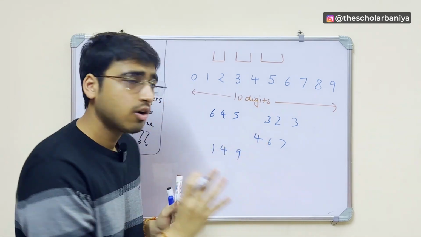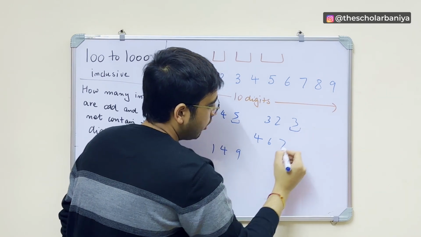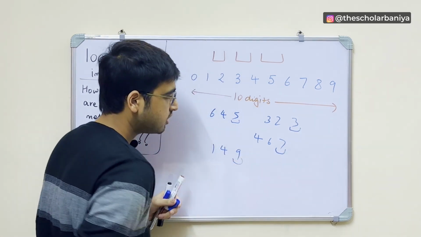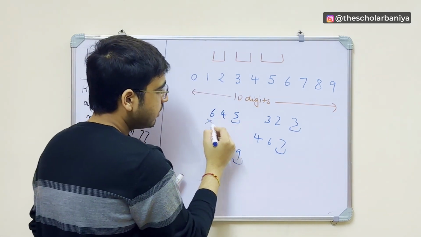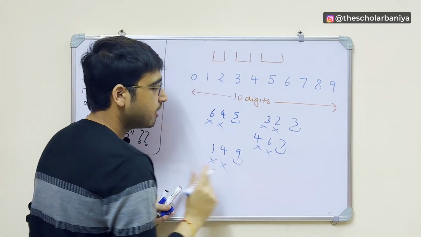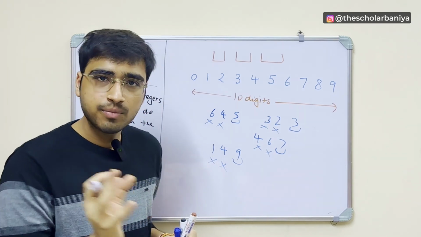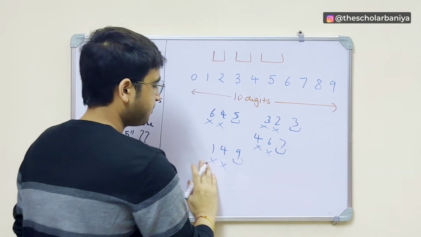All these numbers are odd numbers. Why? Because the last digit is odd. We don't care about the first and the second digit. We care about the last digit. If the last digit is odd, then the number is odd.